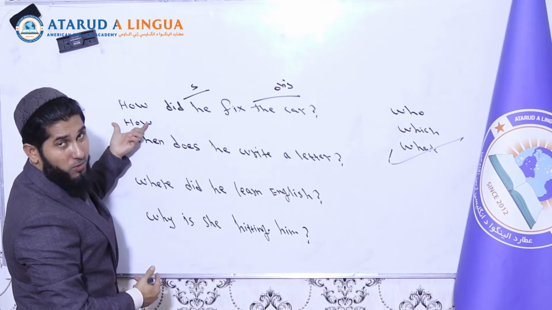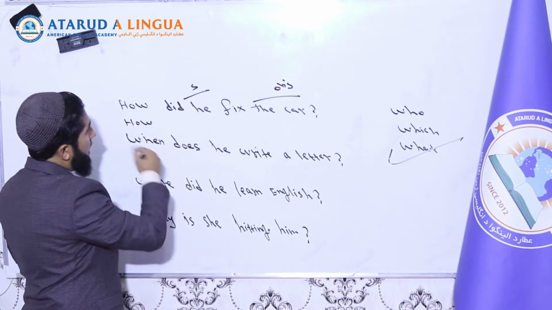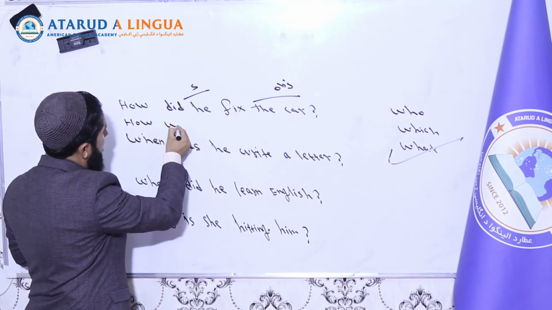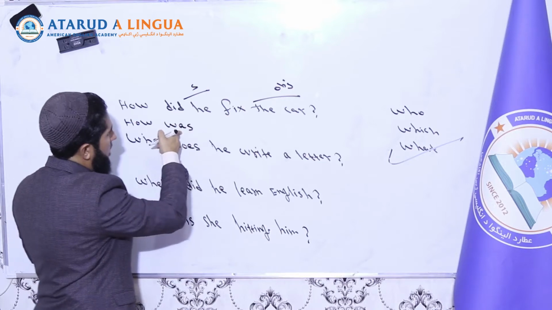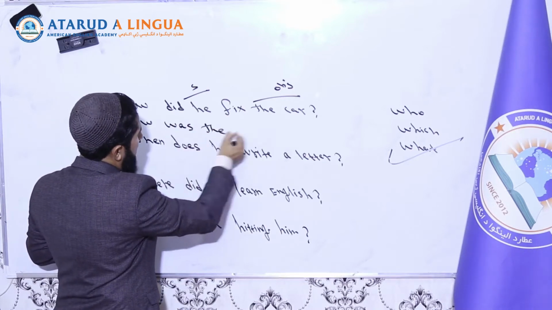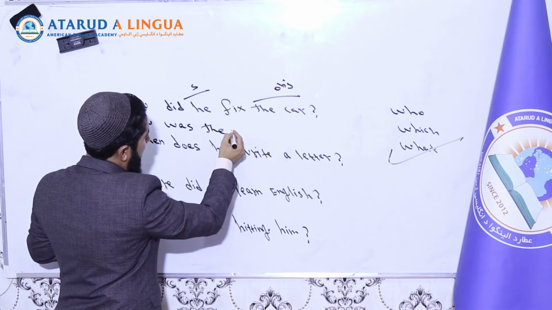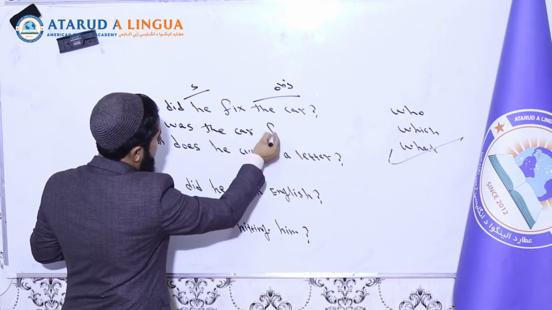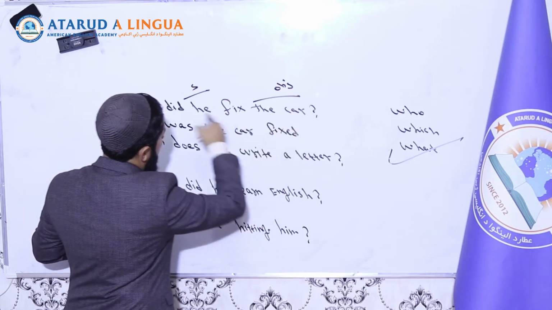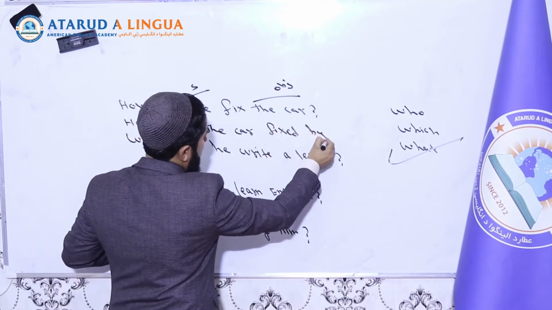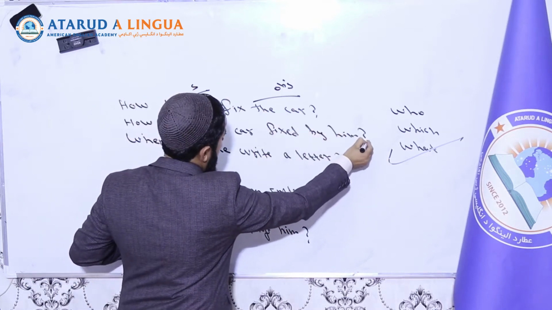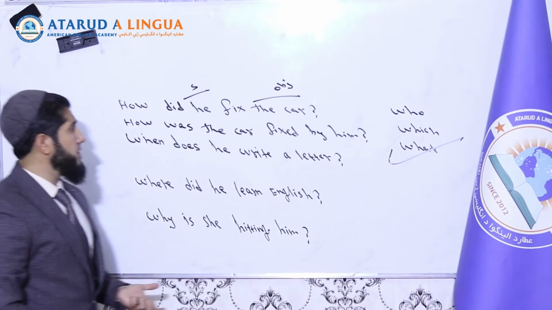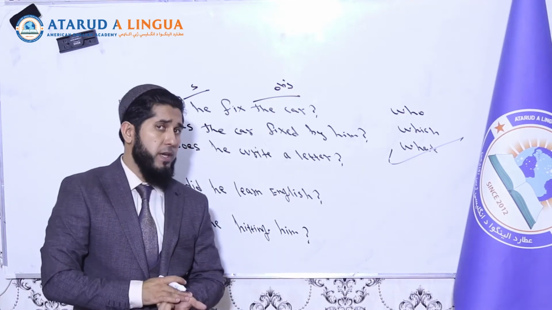So how and how here. How did he fix the car? How was, instead of did use was, and the object becomes the subject. How was the car? And the verb is changed to third form, fixed, and the subject becomes object of preposition. So how was the car fixed by him?